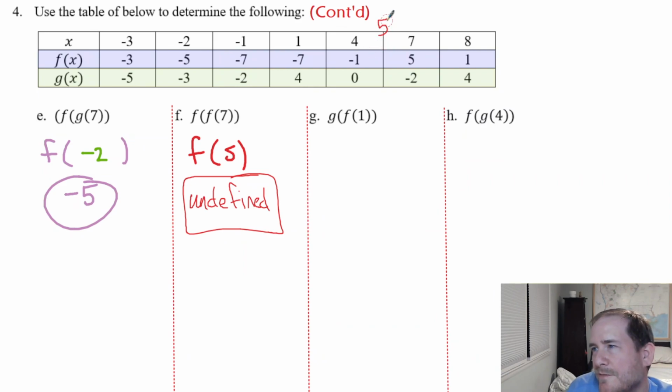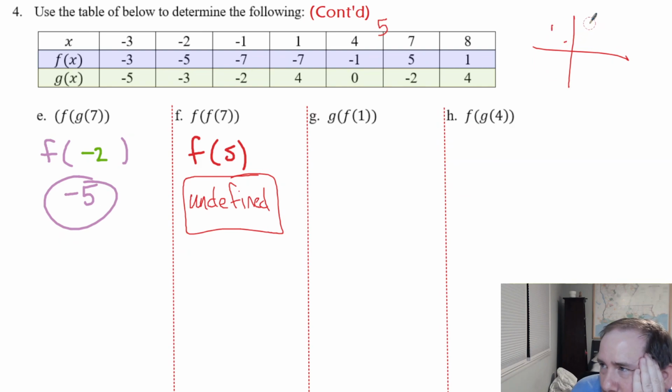Since 5 is between 4 and 7, you're not supposed to extrapolate that it's something in between. If this function is defined as a table of values, then you should be assuming there's nothing in between. You should be assuming that function f is just this random smattering of points. And so if there's no point assigned to 5, then you're just undefined, which hopefully makes sense.